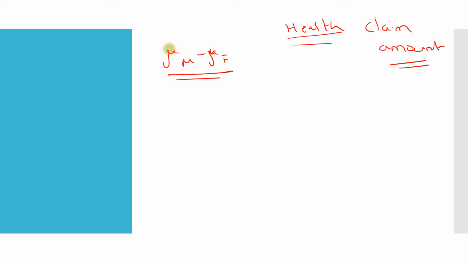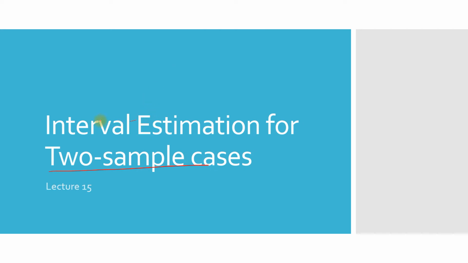Just like we did for mu, what we did was take the point estimate x bar plus or minus something. For the case of mu m minus mu f, you are dealing with two sample cases now, as you have observed.